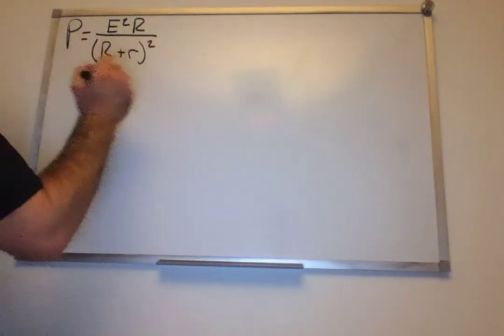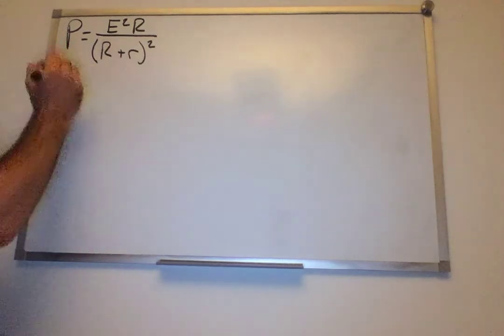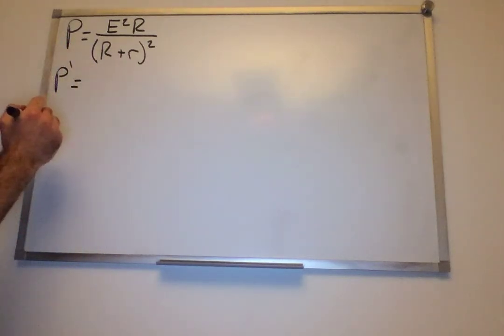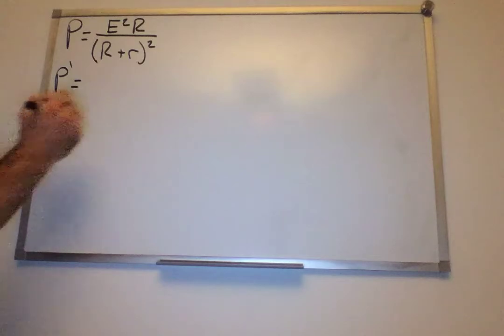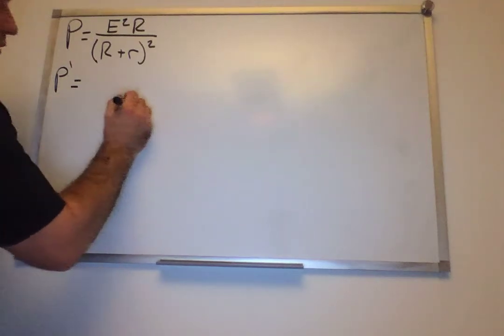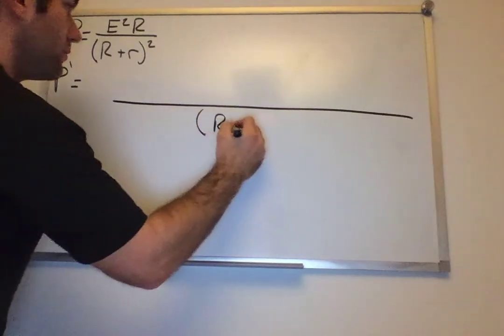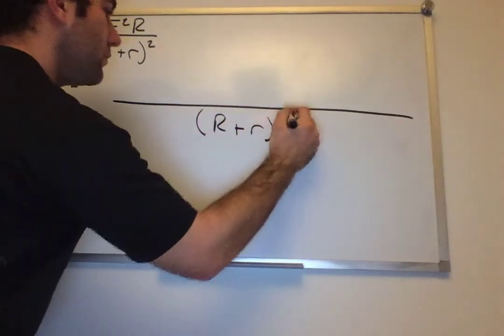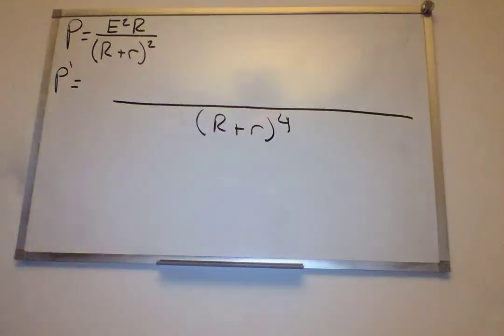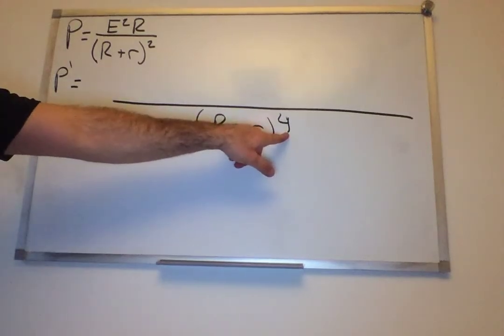So let's see. I'll do it over here. P prime is equal to, it's a quotient rule, all right? So all divided by big R plus little r to the fourth power, okay?